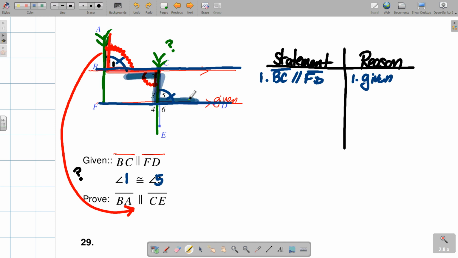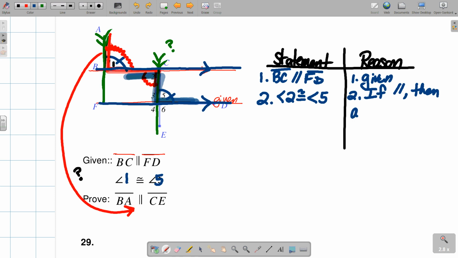I know, because of those blue lines being parallel, that angle 2 is congruent to angle 5. Why do I know that? Because if parallel, then alternate interior angles are congruent. In my vocabulary, that's armpits of the Z.